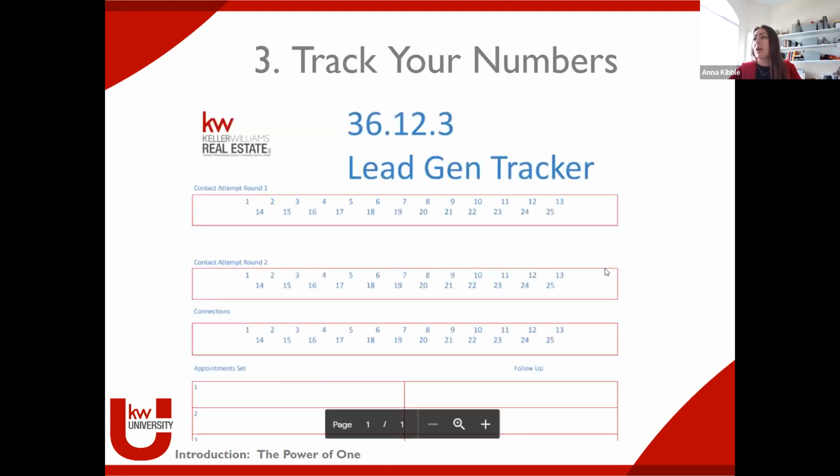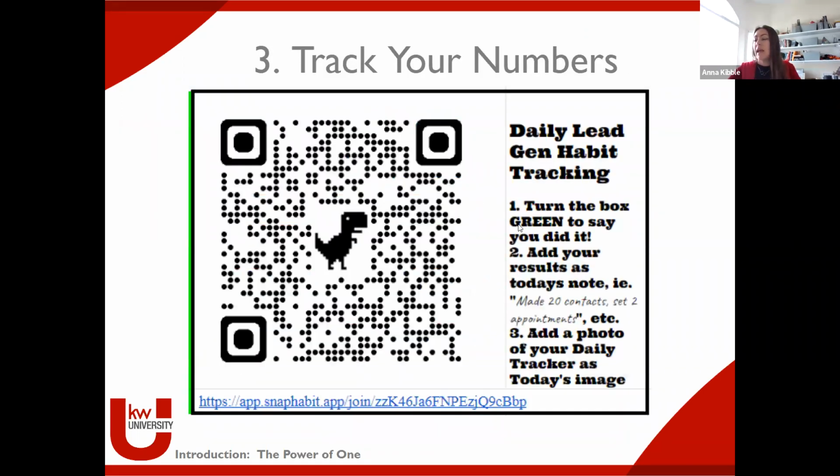And then track your numbers every day. If you're using a lead gen tracker like that, you can pop it into the Snap Habit as a picture at the end of the day. I know that Snap Habit reminded me to track my lead gen, but I don't think I got a notification that anybody else had put their lead gen in yesterday.